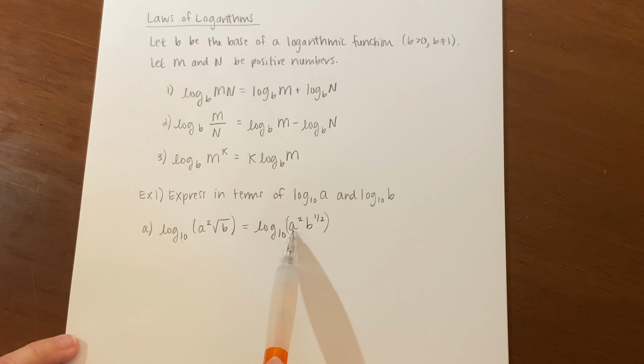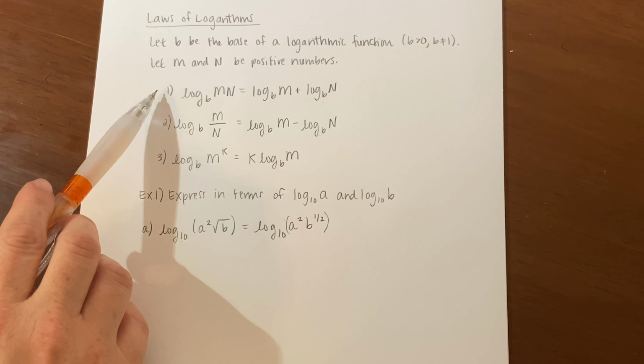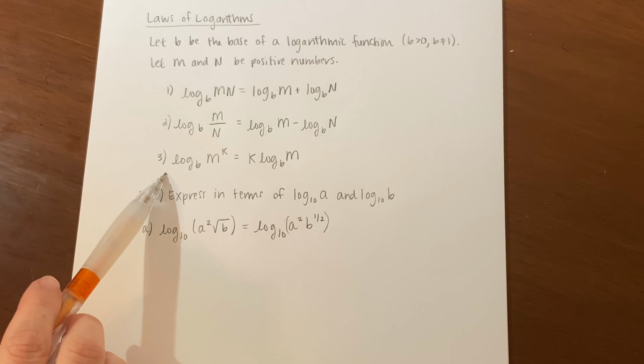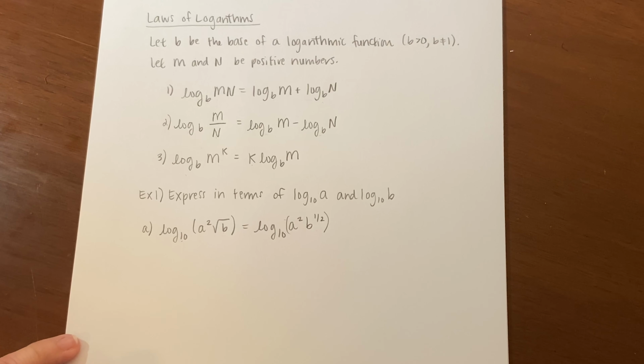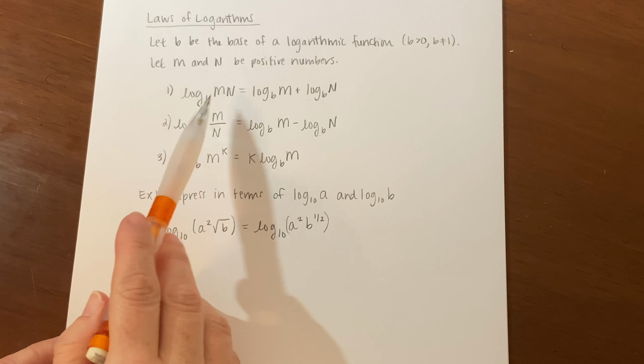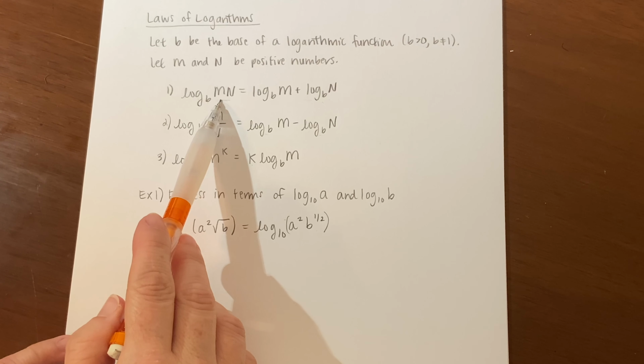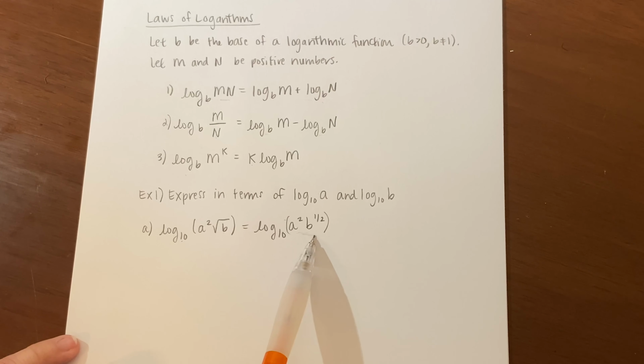Now, I've got two parts. The relationship here is multiplication. A squared times b to the 1/2. Multiplication. So look at your laws. Which law of exponents talks about multiplication? The first law. Here, two things are being multiplied.